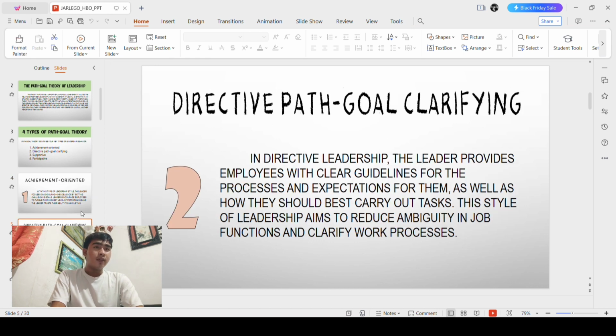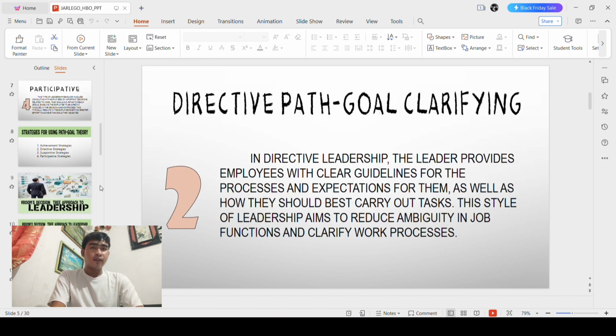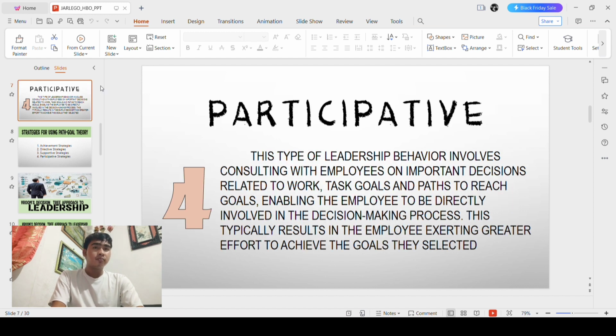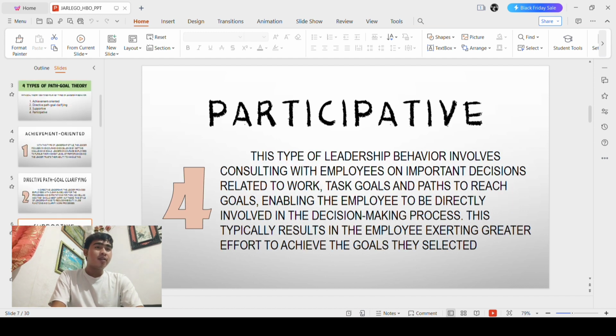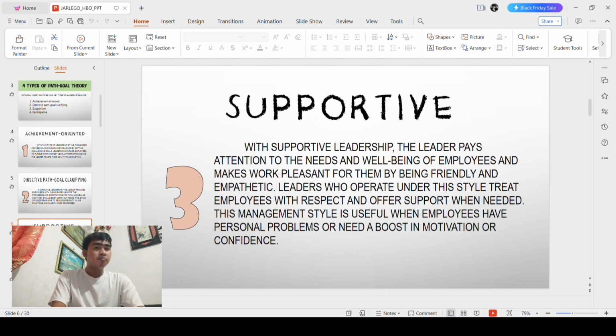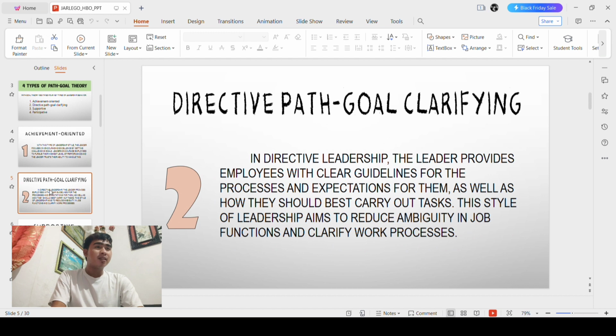Next, we have the directive path goal clarifying. In directive leadership, the leader provides employees with clear guidelines for the processes and expectations for them, as well as how they should best carry out tasks.